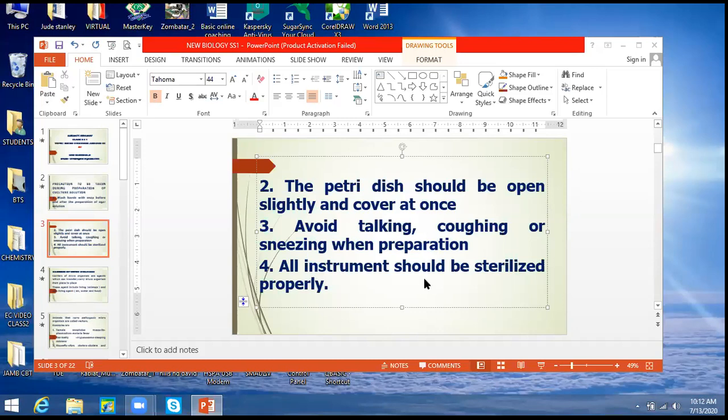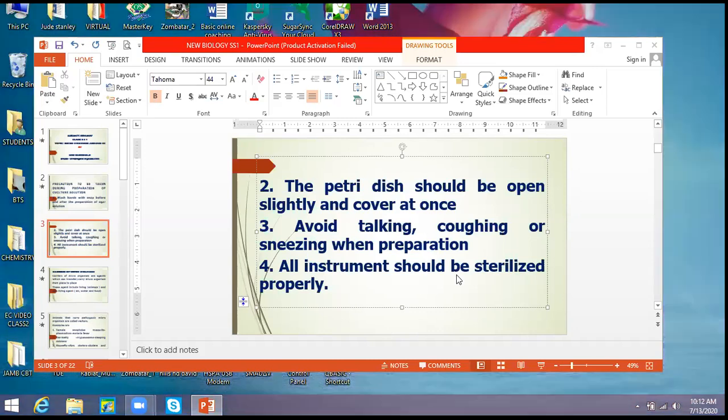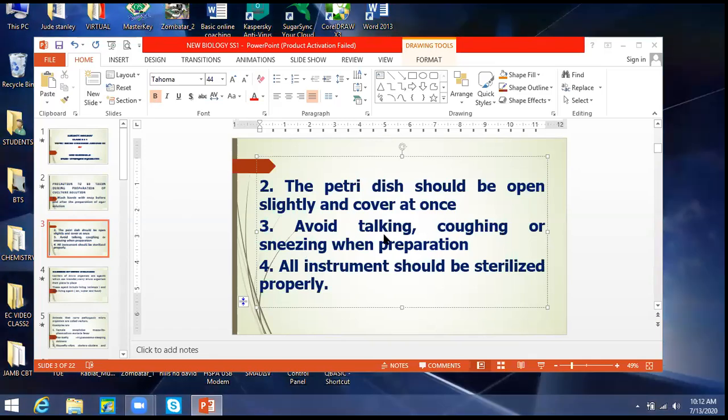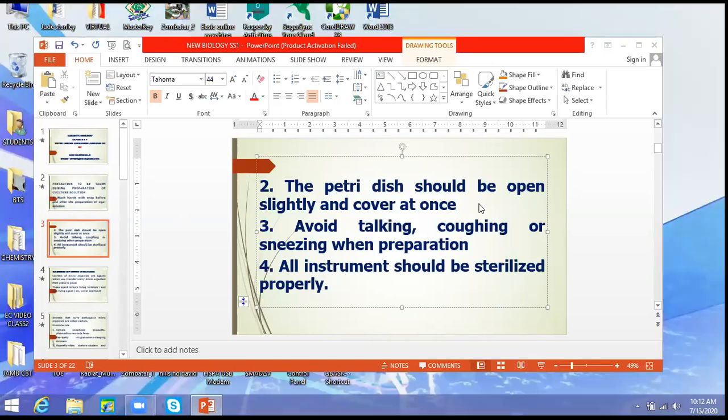Now, all instruments should be properly sterilized. You put them inside a sterilizer to kill other microorganisms that must have been on the instrument.